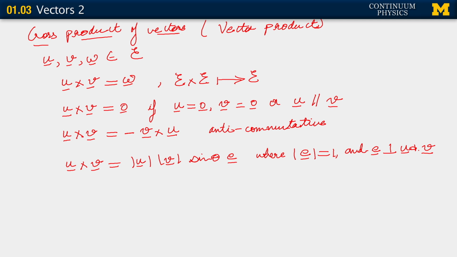All right? So, let's see how this works. If we have u and v, that is the angle between them. In this case, I'm taking care to indicate the direction of the angle. The angle goes from u to v, all right? And this direction of the angle is often denoted by what is called the right-hand rule.